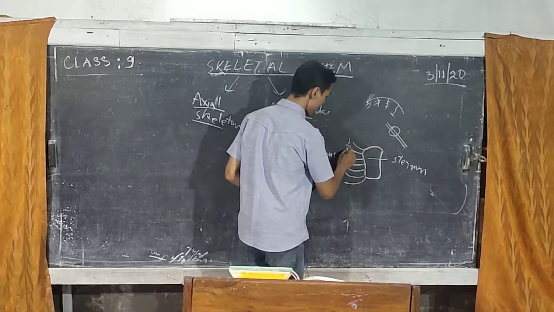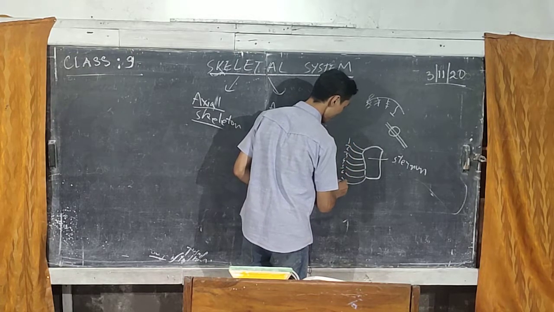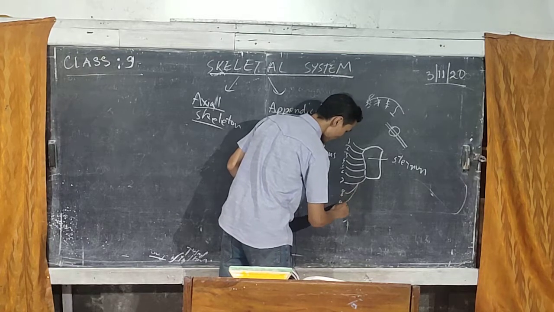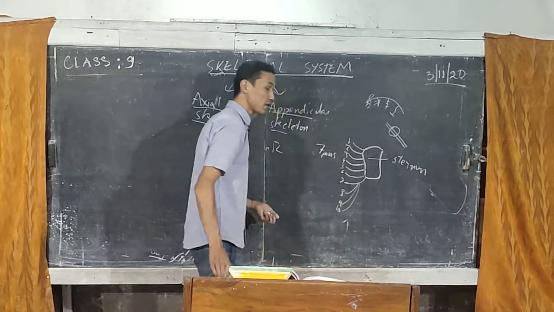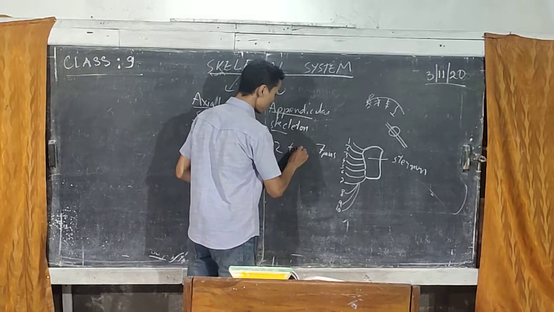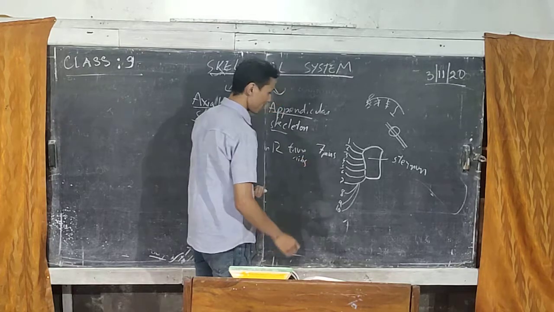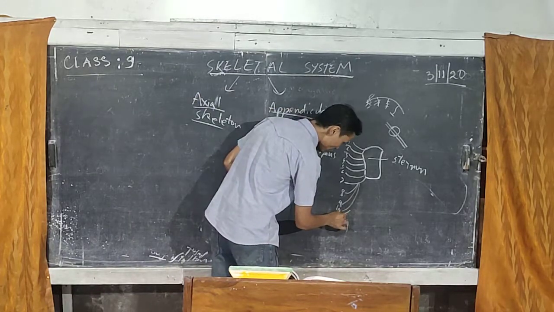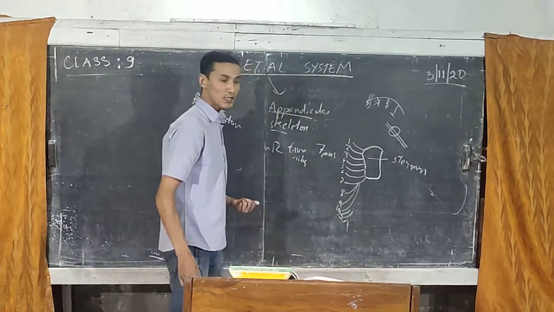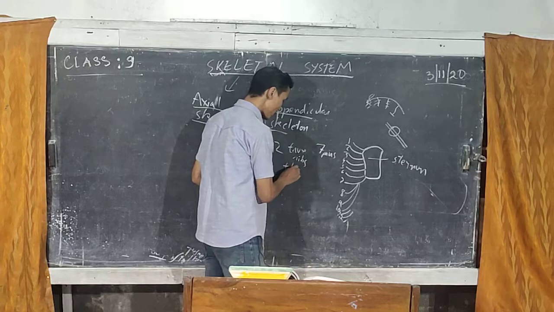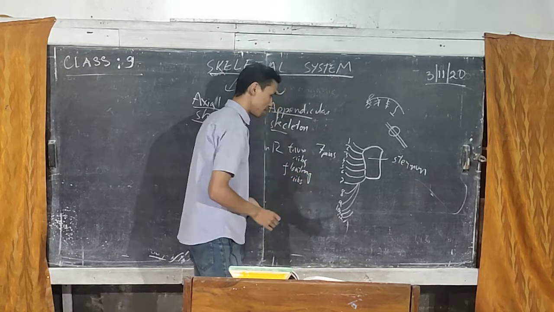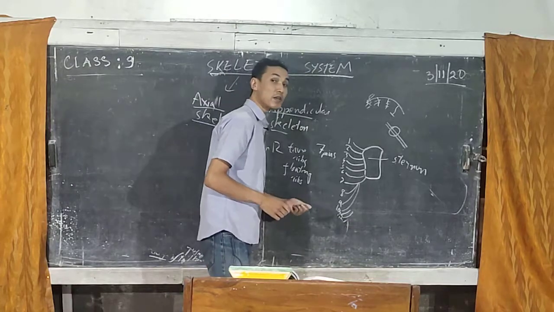The 8th, 9th and 10th ribs are connected with the 7th rib. Since they are connected, these are known as true ribs. Whereas the last 2 pairs, the 11th and 12th ribs, are not connected to any structure. They are known as floating ribs.